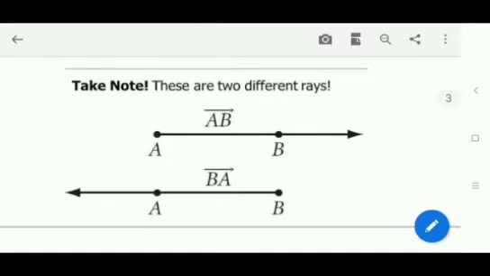It is absolutely wrong if you say ray AB and ray BA mean the same. No. They are two different rays. So, whenever you name a ray, you always start from the end point there. So, in the first figure, I repeat, that's ray AB, and the second figure is ray BA.